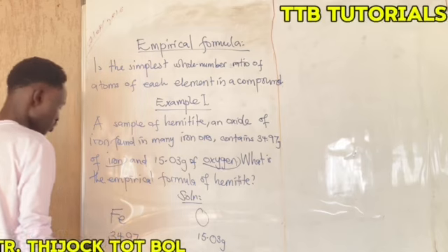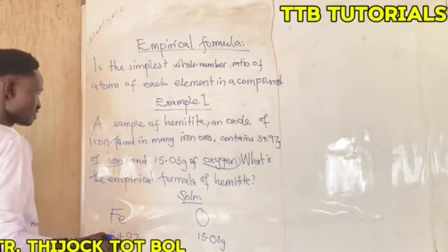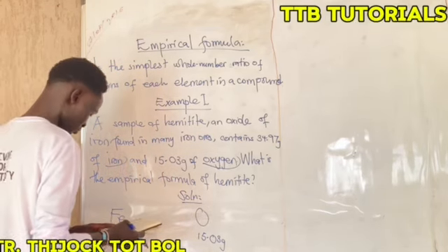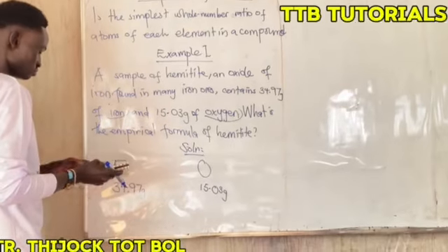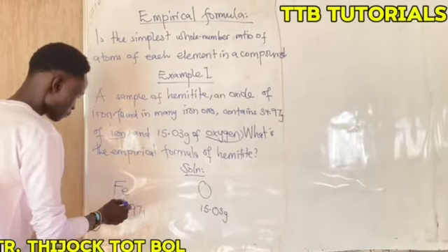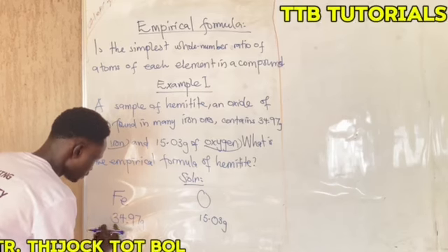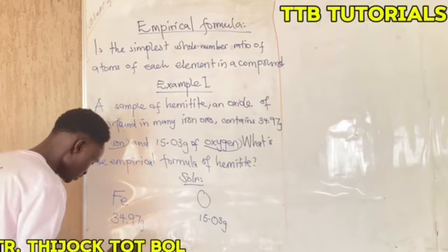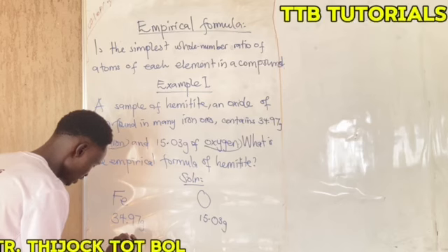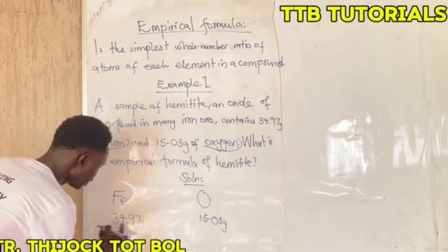So from here, we have iron. The molar mass for iron is 55.85.